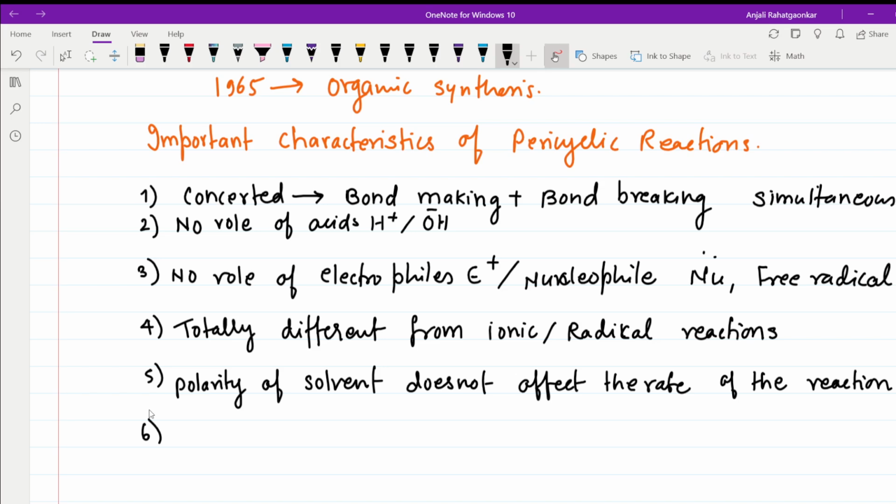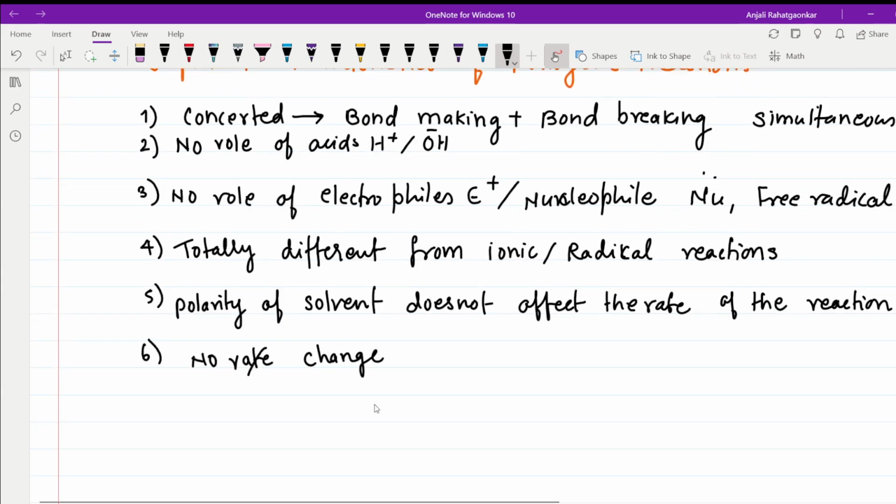Please remember. All right, so the next point: no change in the rate of the reaction by the addition of added salts.